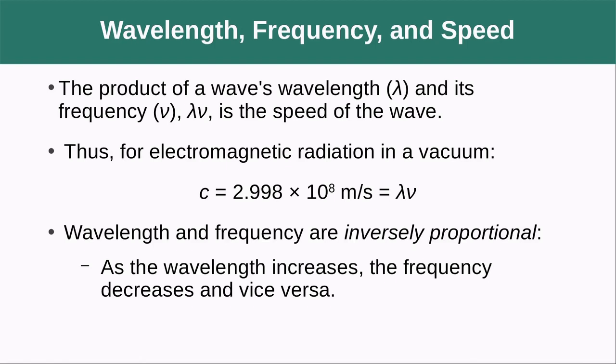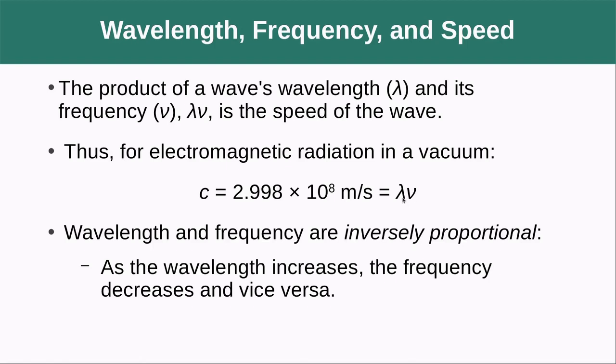So how can we relate these together? The product of a wave's wavelength and its frequency, which we're going to describe as lambda times nu, those are Greek letters, is the speed of the wave. So we have this relationship here where we have c, the speed of the wave, is always going to be equal to this constant and is equal to lambda times nu.